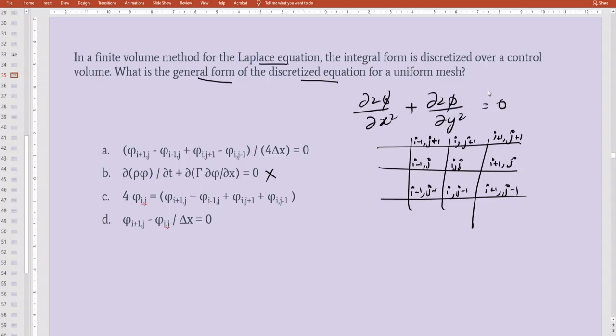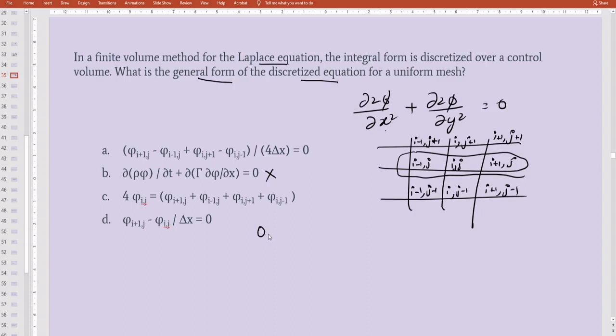So for a second order partial derivative, we can use the central differencing scheme. To use the central differencing scheme for x, we will be needing these three terms. We have just seen the equation for that.